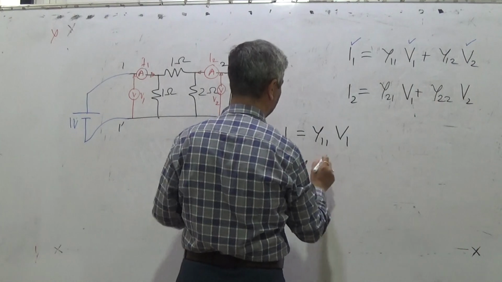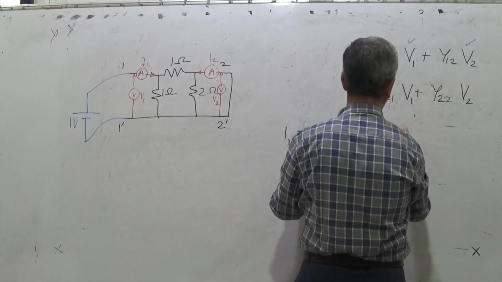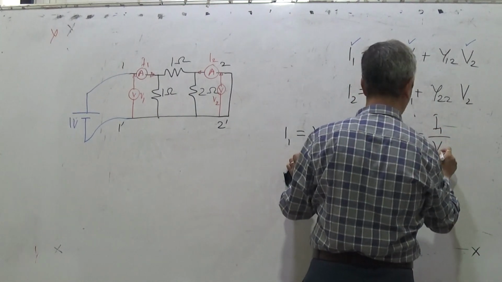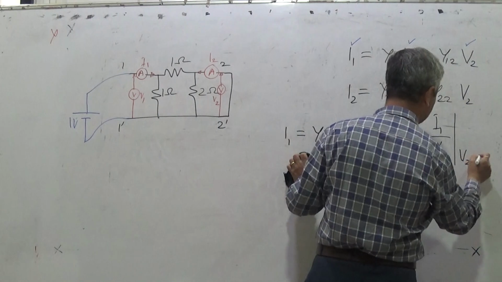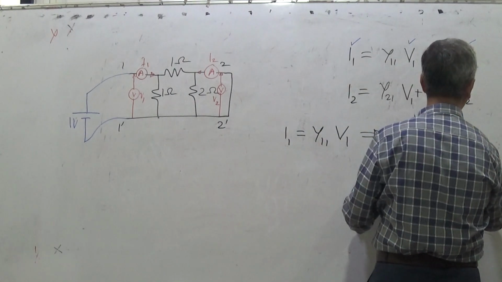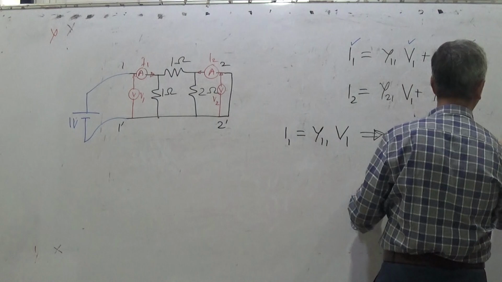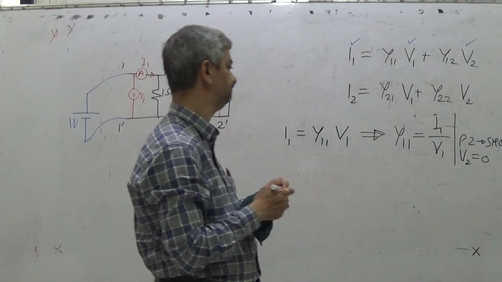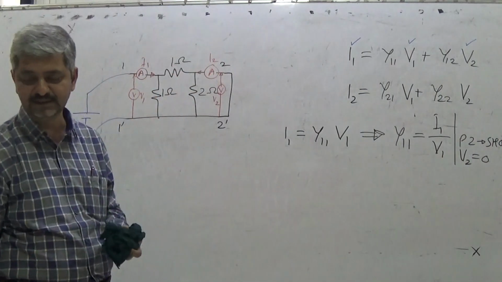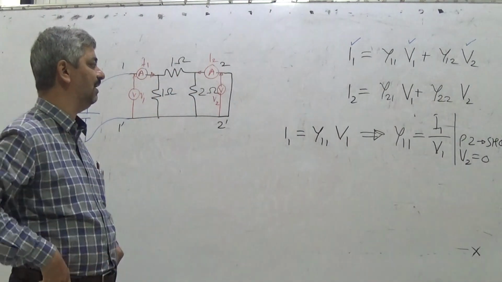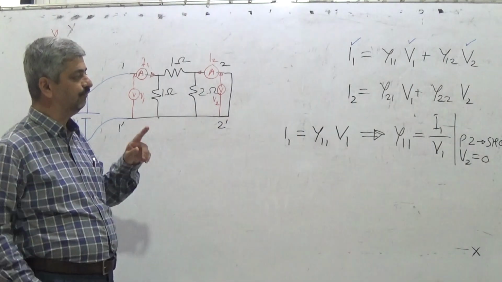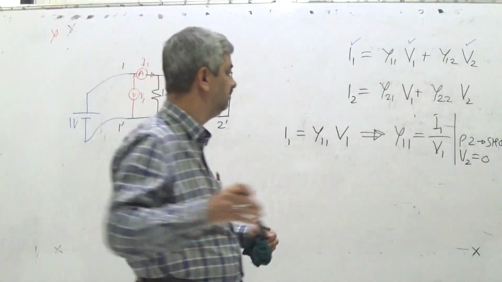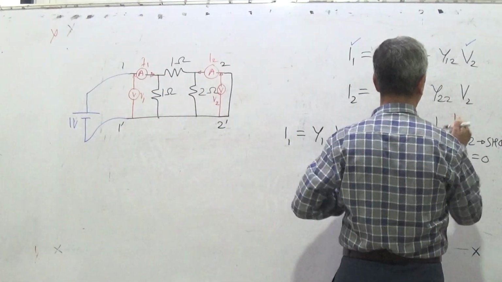So Y11 is equal to I1 upon V1, provided that V2 is 0, or port 2 short. I1 is equal to Y11 V1, where Y11 is equal to I1 upon V1 with port 2 short.